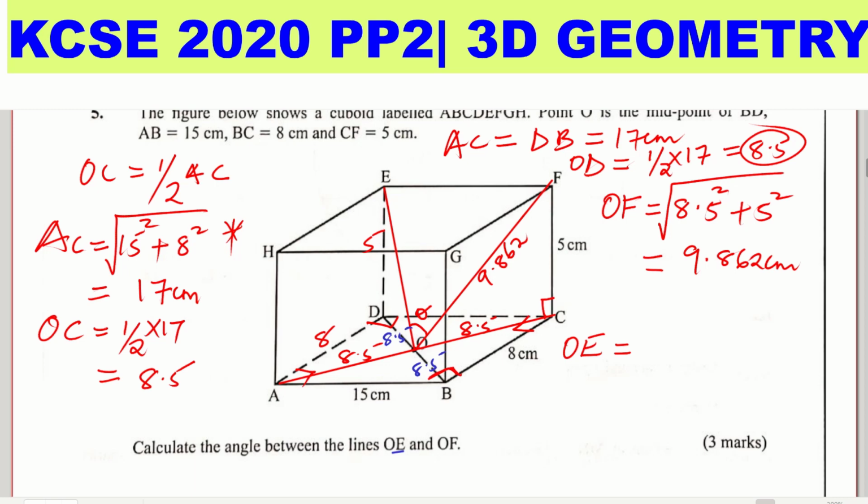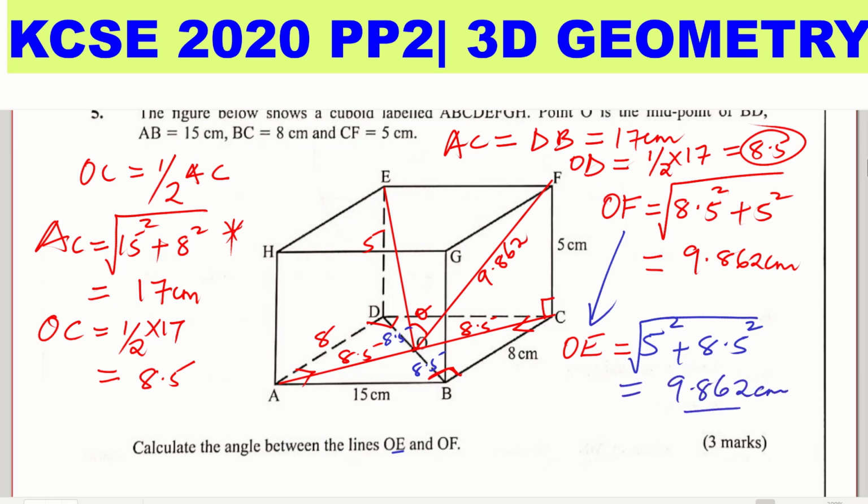OE is the hypotenuse, given by the square root of 5 squared plus 8.5 squared. That will give the same thing as we got with OF, 9.862 centimeters. And EF is equivalent to AB, which is 15.